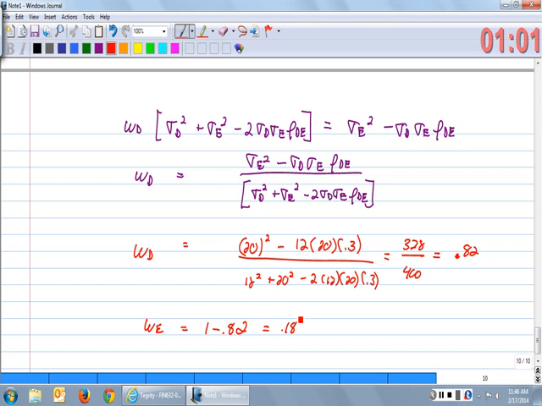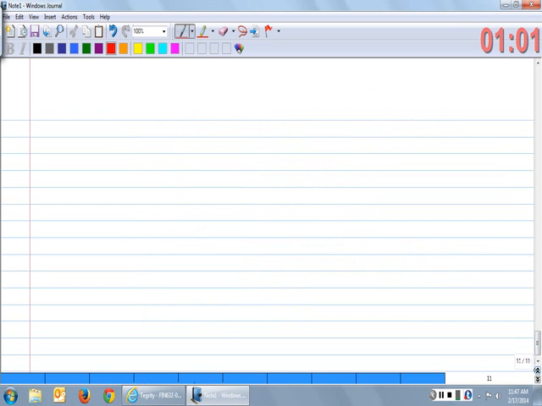So what we have just solved for, given these two risky assets that are positively correlated at 0.3, is the combination that will give us the minimum variance.